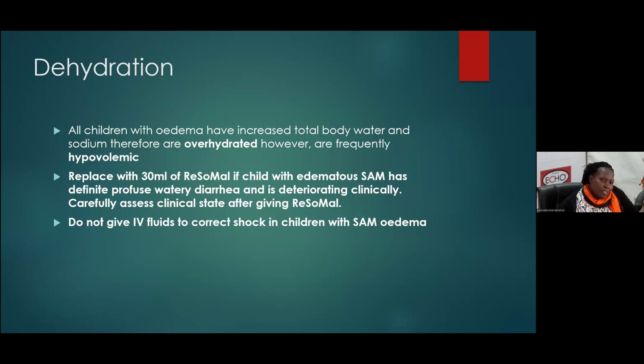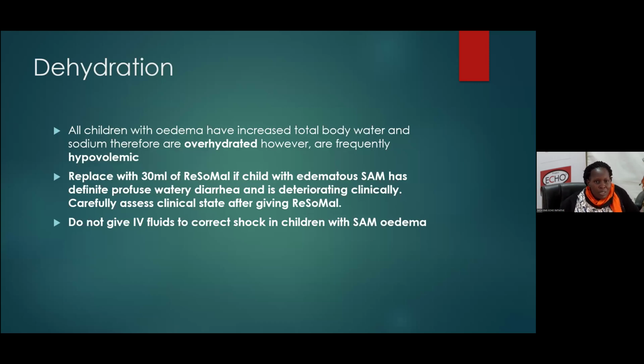So if your child has edematous severe acute malnutrition and has definite profuse watery diarrhea, this is according to the mother and what you have witnessed, and you see the child is deteriorating in terms of level of consciousness, you're going to replace the lost fluid using 30 mils of ReSoMal. ReSoMal is a specially prepared oral rehydration solution for children with malnutrition.